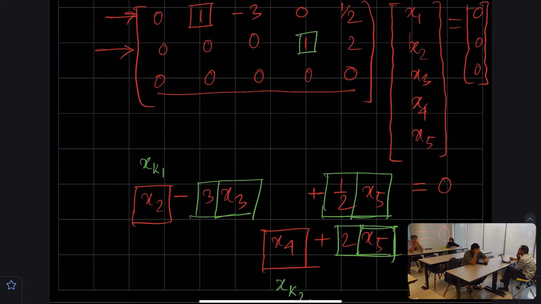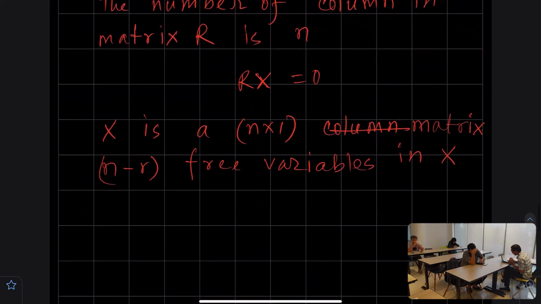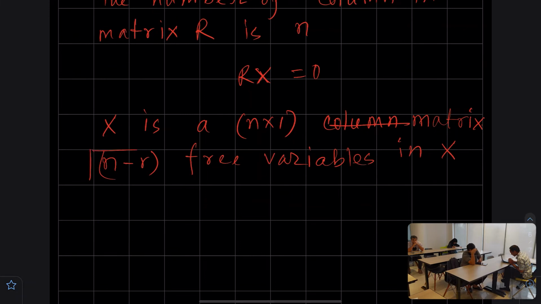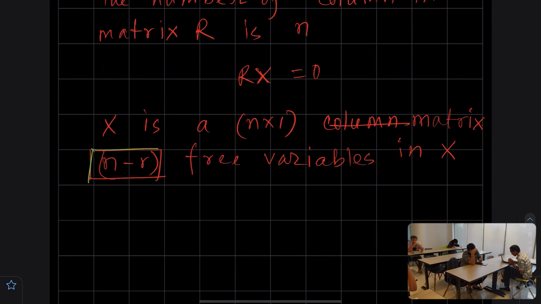This is how you classify the variables. There are two types of variables: the leading variables and the free variables. So that's why there are n minus r free variables in the system, right?